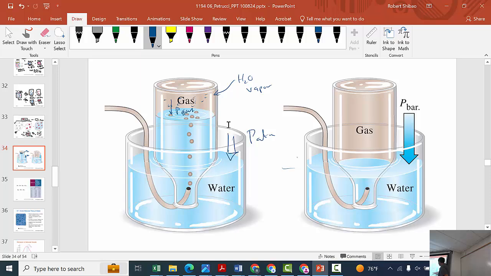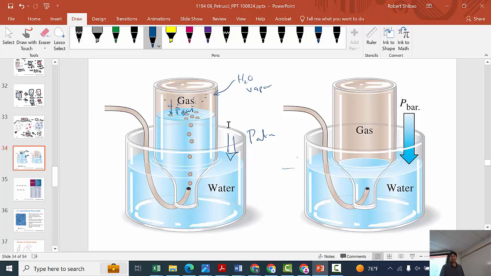If it's slightly lower than the liquid level out here, then the gas weighs more. It's pushing the surface down deeper than out here. But let's say they're even, and this is just some optical illusion. If the levels are even, then what can we say about the pressure of the gas? That they're equal.